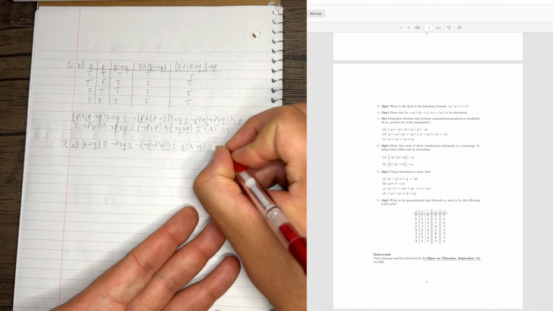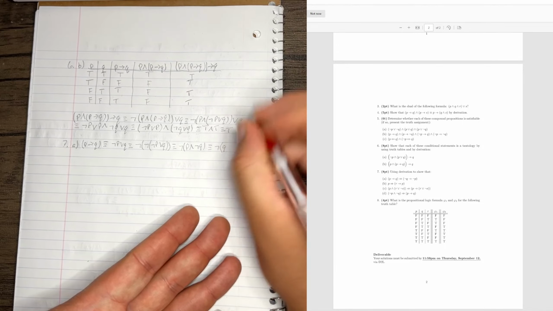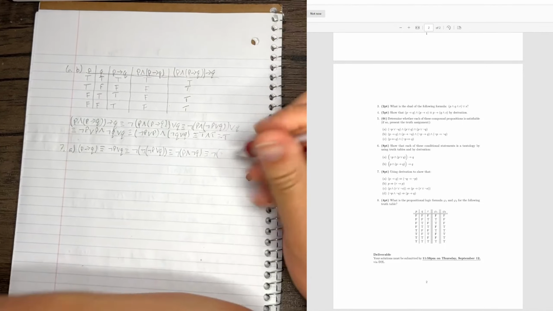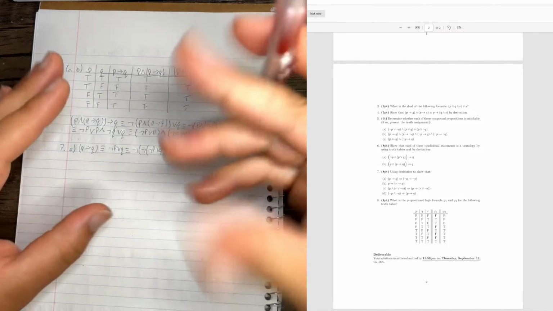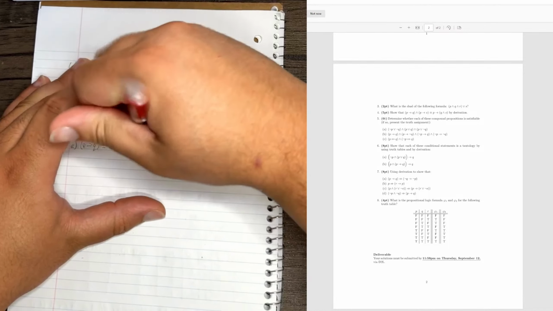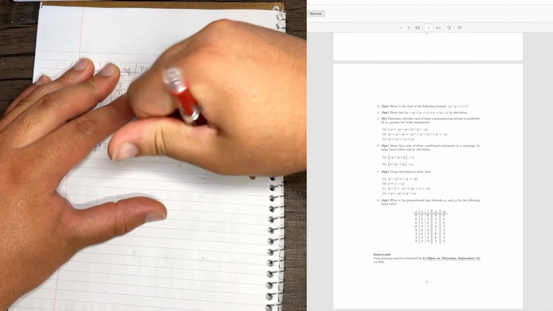I think we just swapped that Q to the front. I don't think I needed all that. I think I could actually do that way easier.